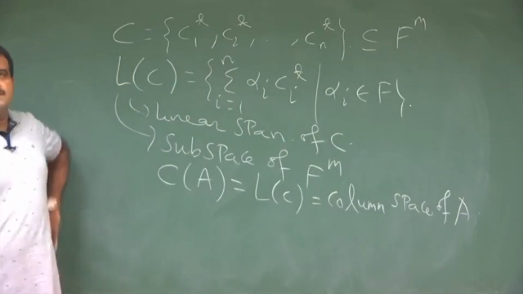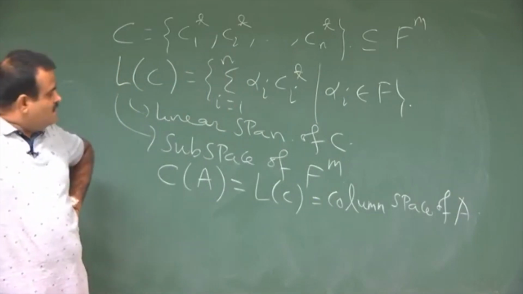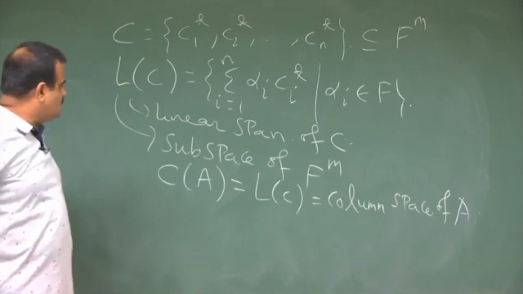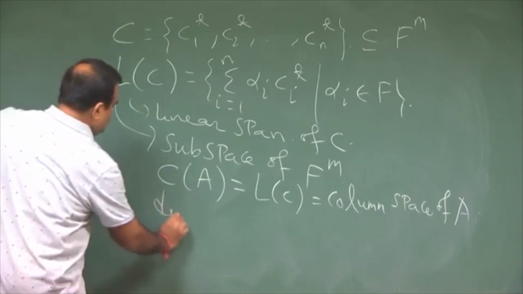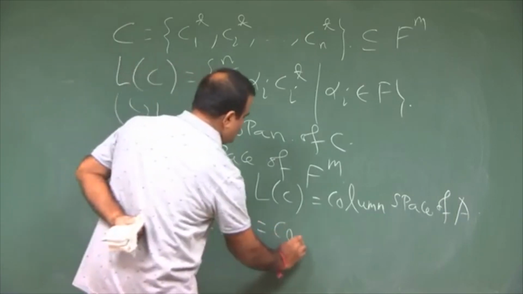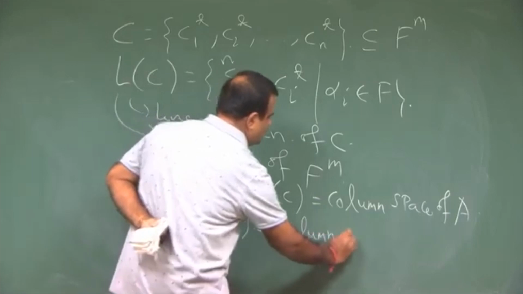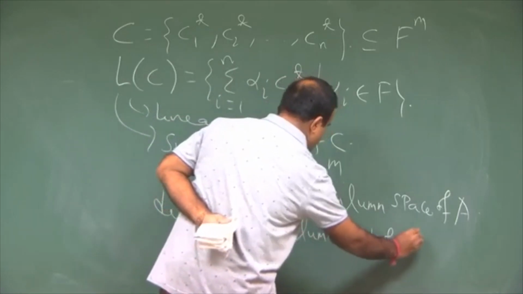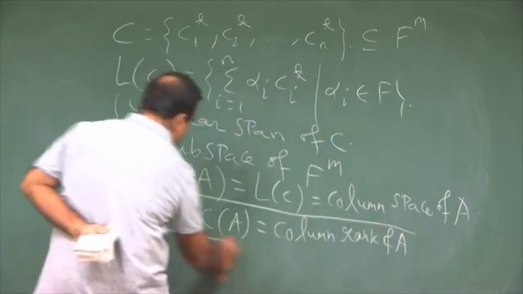Dimension is the number of elements in the basis. So, that dimension is called the column rank. So, the dimension of C of A is called the column rank of A. This is the definition of the column rank.